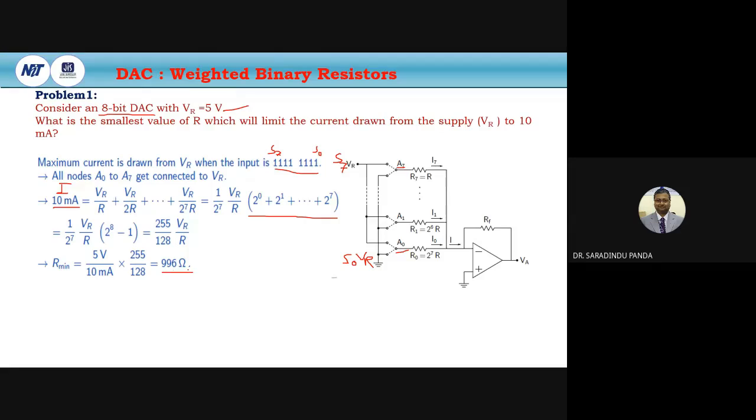So if it is R, then we design like this: R0 is equal to 2 to the power 7 R, that means 2 to the power 7 into 996 ohm. Then this is 2 to the power of 6 into 996 ohm, and this is 996 ohm. So we will design this DAC according to our target. Okay, is that understood?